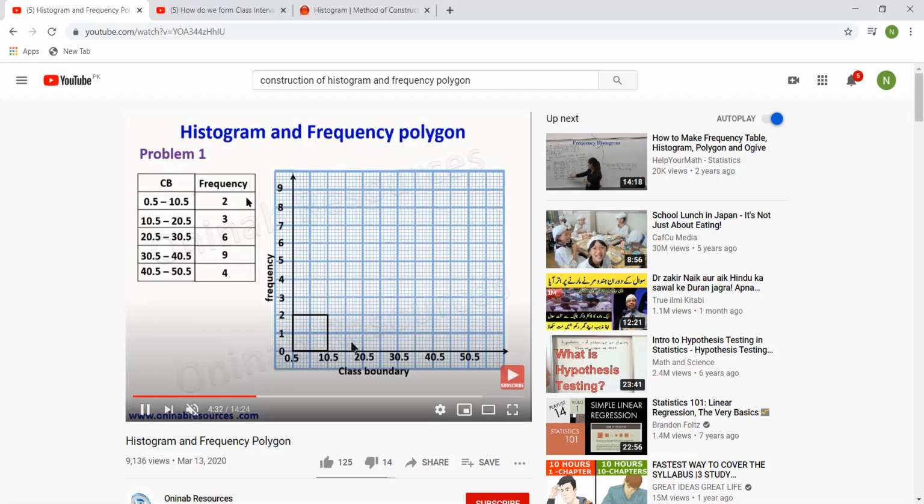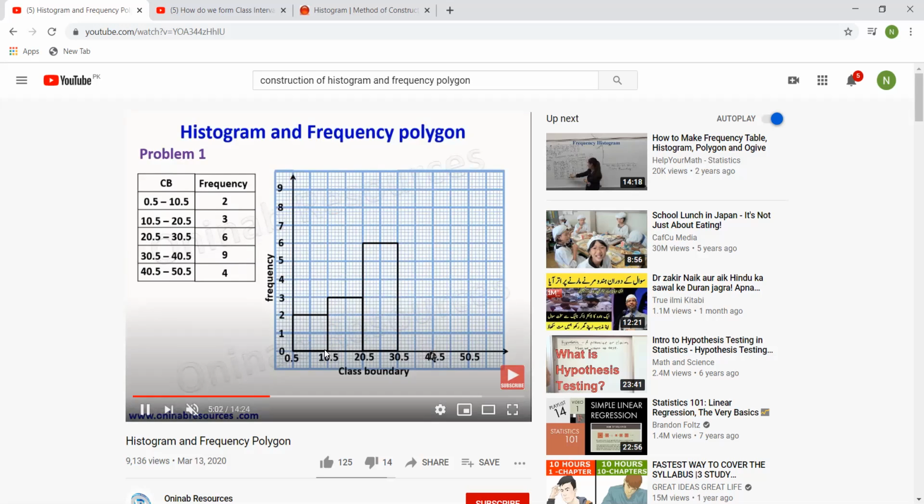The frequency is the y-axis value. So at 0.5 we mark 2, and draw a rectangle from 0.5 till 10.5, because this is an interval of the class. So we draw a rectangle which covers all these values, and the next class starts from 10.5 till 20.5, and the frequency of this class is 3, so we mark 3 here and draw the rectangle.